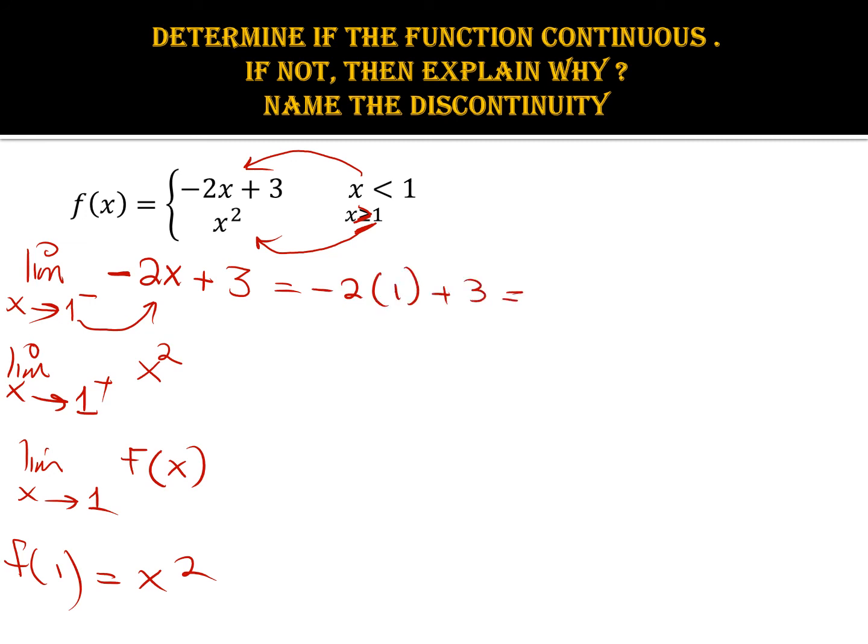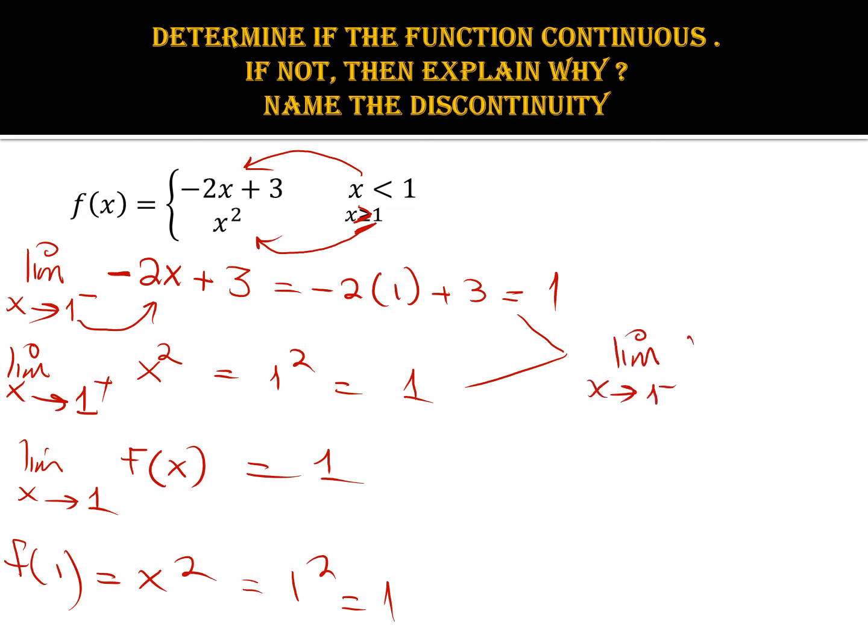So -2 plus 3 gives you 1. Here you will have 1 squared, that means 1. Now both the limit from the left and the limit from the right are equal to 1. So the limit from both sides is equal to 1. And f of 1 is 1 squared, that means 1. So what have you observed? The first situation, that the limit as x approaches 1 from the left-hand side is equal to the limit as x approaches 1 from the right-hand side.